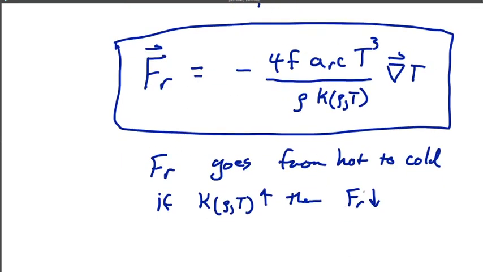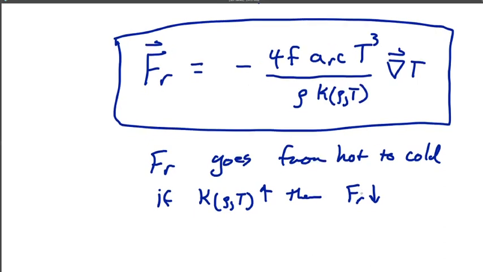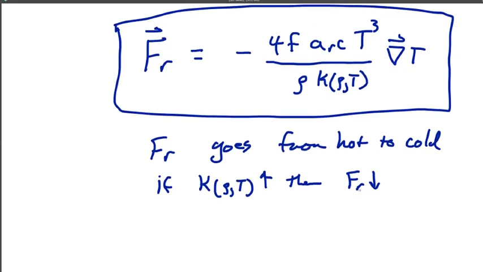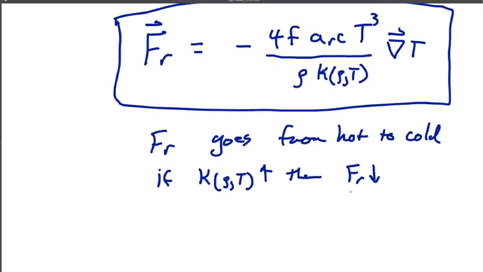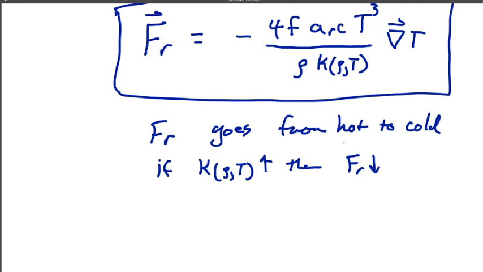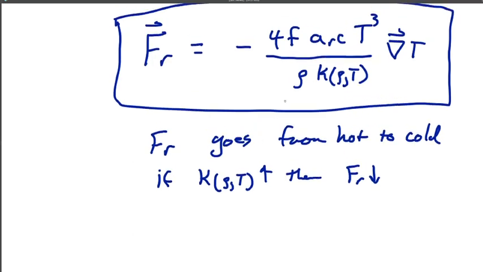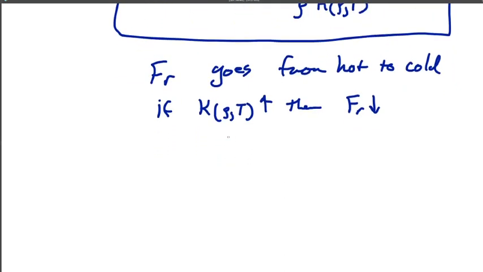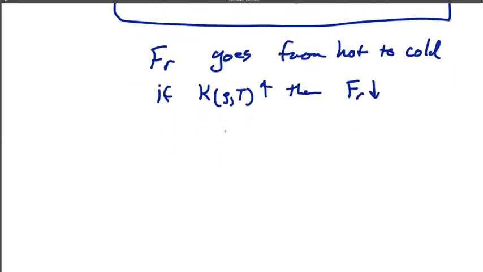All right, let's do a little more manipulation of this form. F, as I said, typically takes on a value of about a third, but we'll just leave it as an undefined constant for now. We're going to note one thing. We have this radiation constant floating around right now, and the radiation constant is related to another quantity that's maybe more familiar.